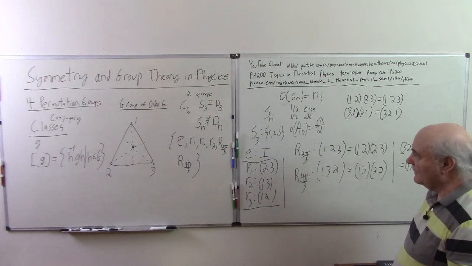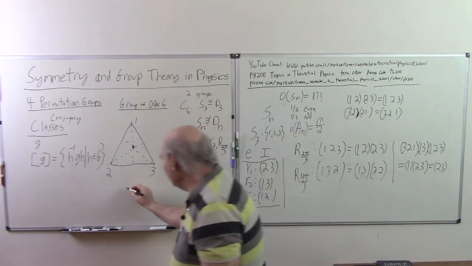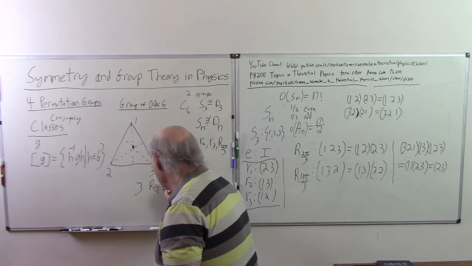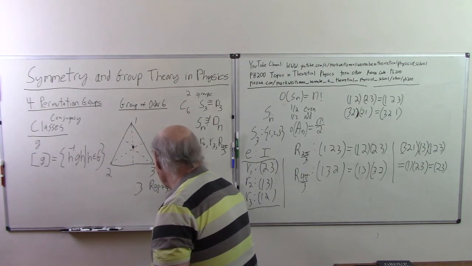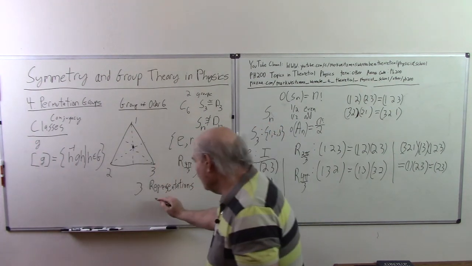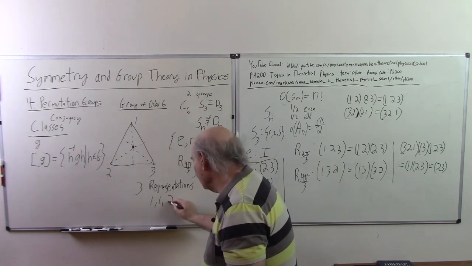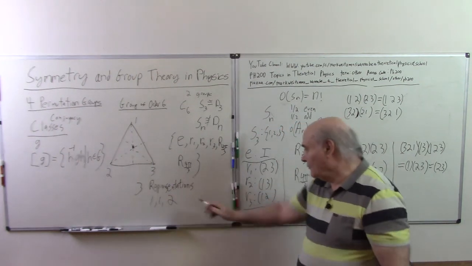And we will find that there are 3 representations of this group. Two will be one-dimensional, and then there's a two-dimensional representation, and this is by matrices.